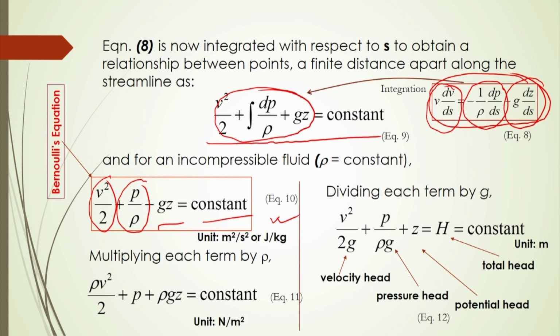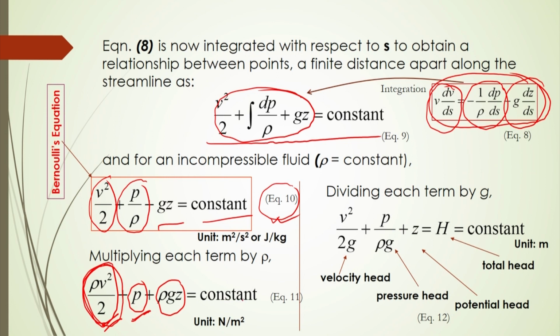Now, if we multiply each term by rho, we get rho v square by 2 plus p plus rho g z, equal to a constant. Here rho v square by 2 is what is called kinetic energy, p is the pressure, and what is the unit for rho v square by 2?